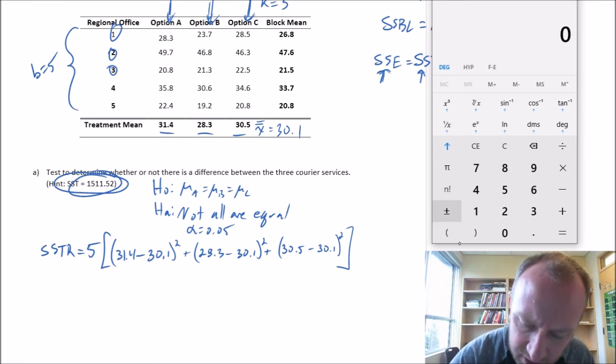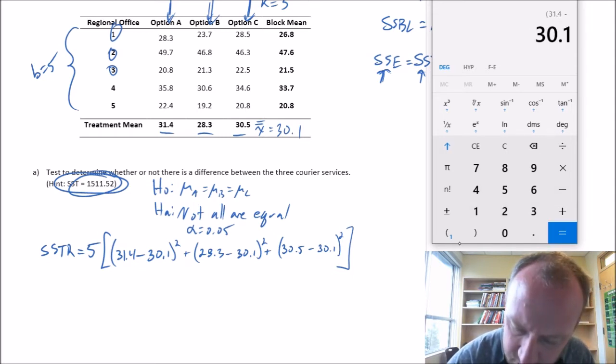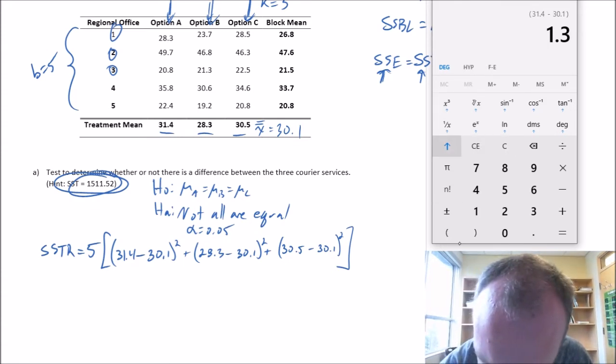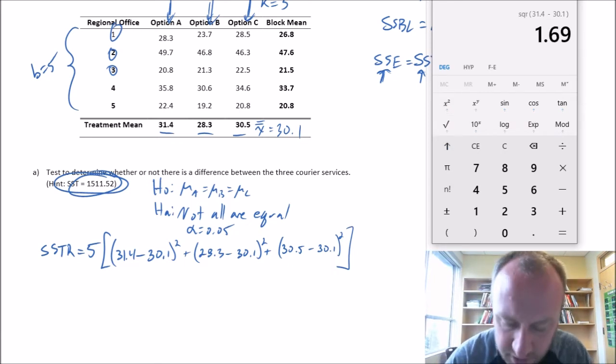You can fast forward. I'm going to open brackets, 31.4 minus 30.1, close brackets, squared. Where's my square? Oh, did I lose my square? There we go. Squared.